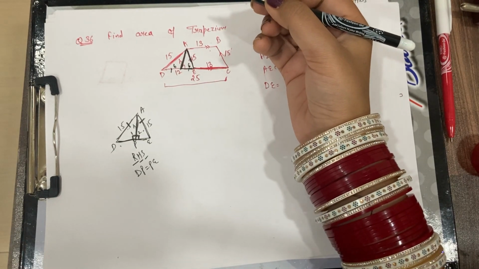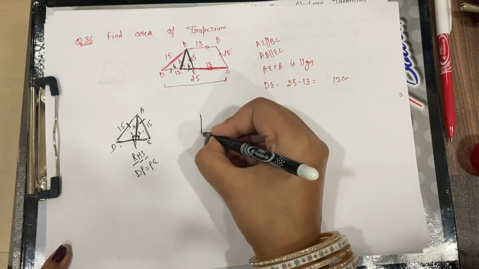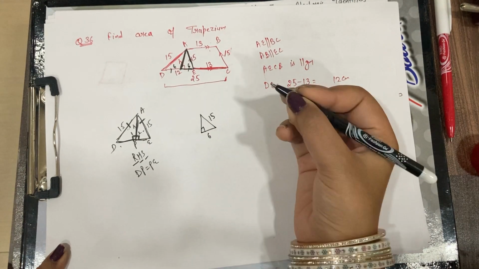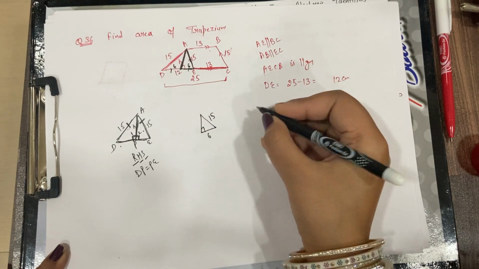You need a reason for that. So now you have a black triangle where this is 6, this is 15, this is a right angle. You can apply the Pythagoras theorem.